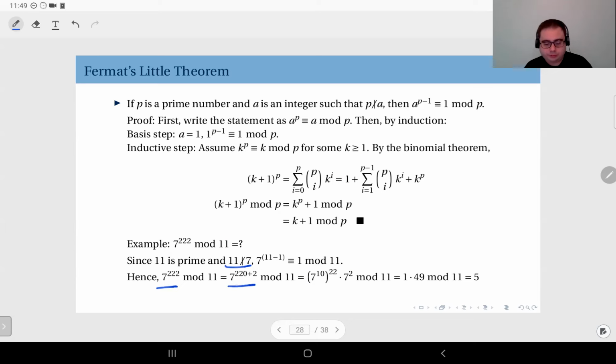And 7 to the power 220 is written as 7 to the power 10, to the power 22. But what is inside is just congruent to 1 modulo 11. Therefore, we can just get rid of this. And therefore, this is simply congruent to 49 modulo 11, which is 5.